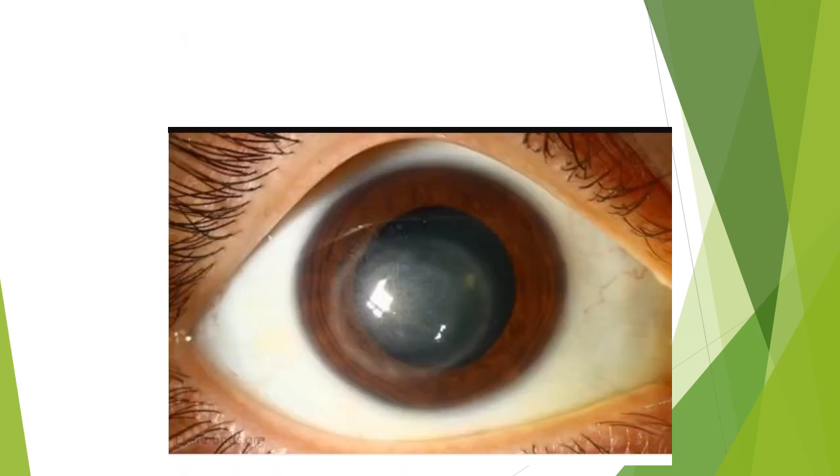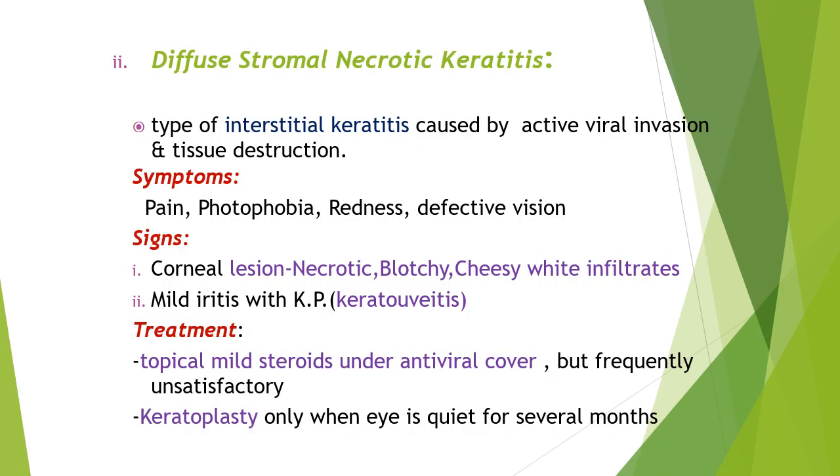This is how the disciform, disc-shaped stromal edema is seen. There may or may not be involvement of the epithelium in such cases. For this, along with the antiviral treatment, steroid will go. Steroid is a must in stromal keratitis.